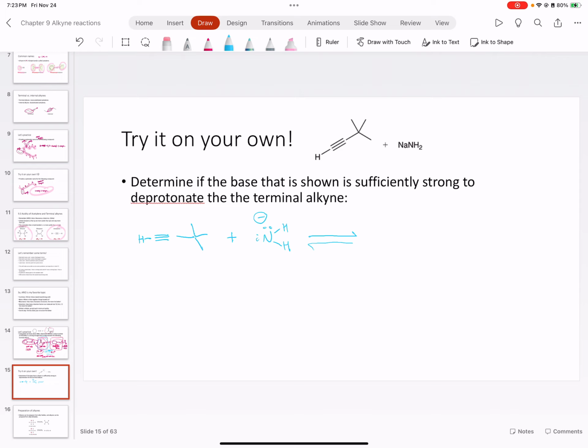Okay, so it's asking if this is strong enough to deprotonate it. We're gonna be taking a hydrogen from this side. And here I have a carbon, so I don't want to see that.